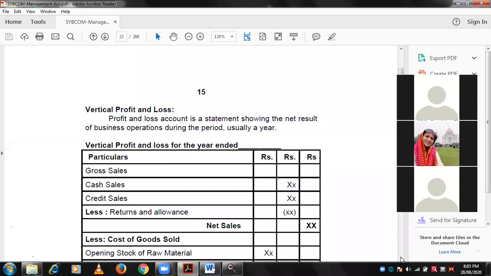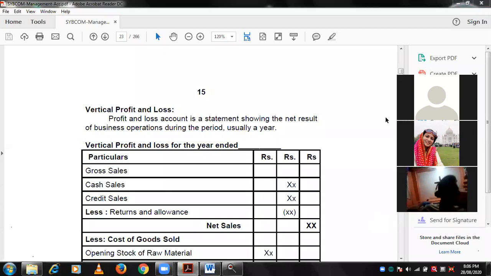Okay. So any doubt in this session in your vertical profit and loss, or maybe in your balance sheet? If any doubt is there, you may ask me, because only 1.5 minutes is there. Anyone has doubt? Any doubt? No, ma'am. All is clear. Okay, very good. If anyone has a doubt, you may put it in your chat box. But you have to write this format in your notebook, okay?